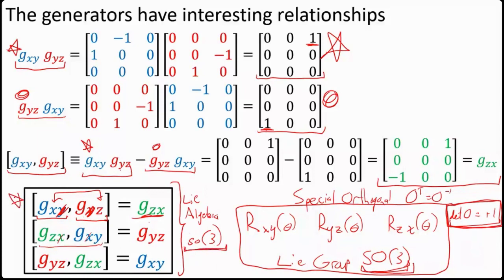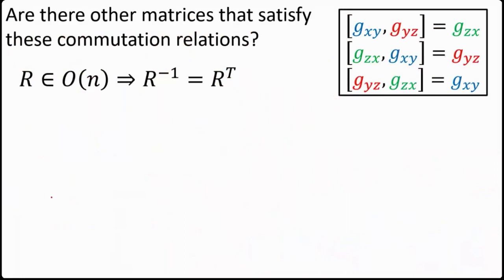This is 3-dimensional, so there's 3 generators, but you can have different dimensions, and you'll have different commutation relations depending on the number of dimensions. One question to ask is, given these generators, are there other matrices that also satisfy these commutation relations?